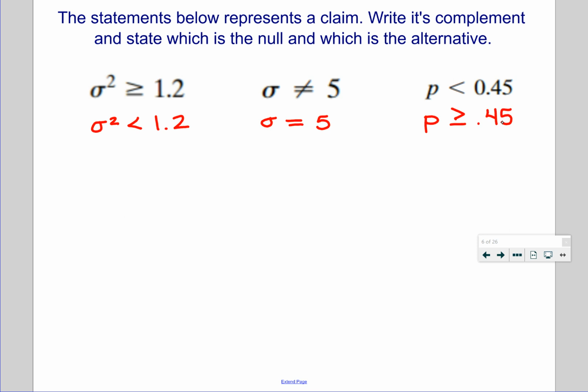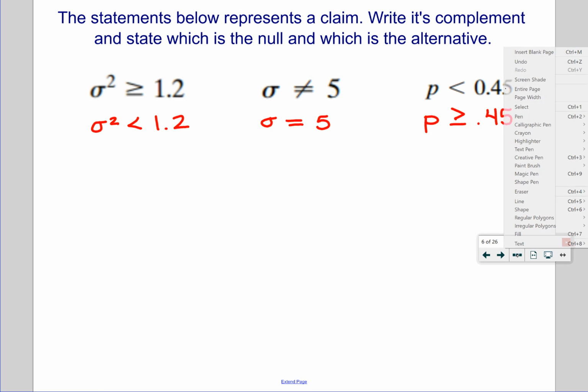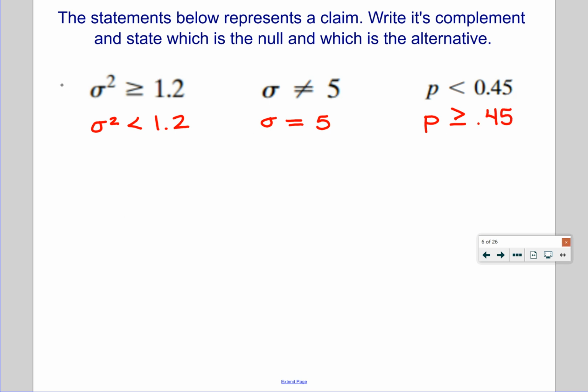All right, so now let's go back and name which one is the null and which one is the alternative. As long as you remember that the null is equal to, this should be very quick and easy. The null is equal to, so my variance is greater than or equal to 1.2, which means the alternative, its complement, is less than 1.2.